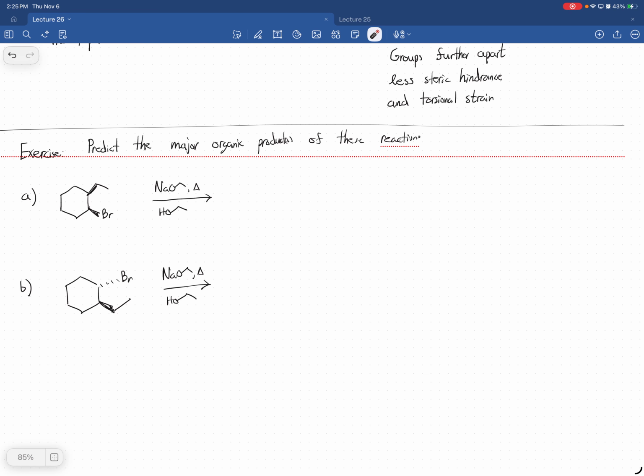Do you guys get a structure for the first one? What's the functional group that forms? Or like you have a product, right? What does it look like?